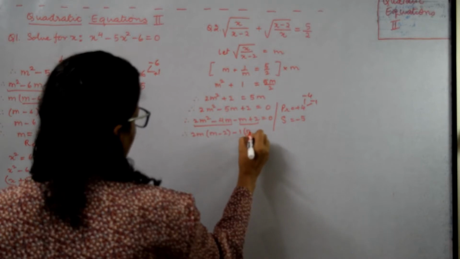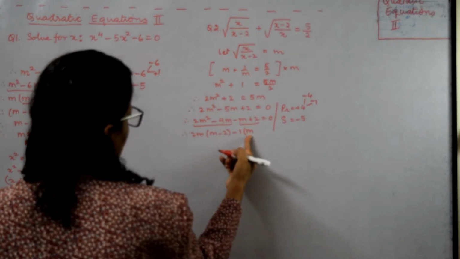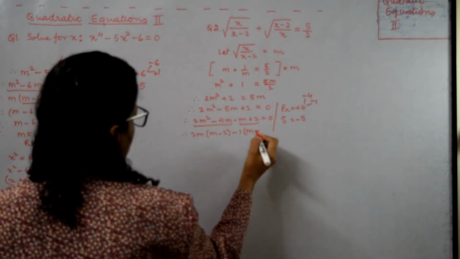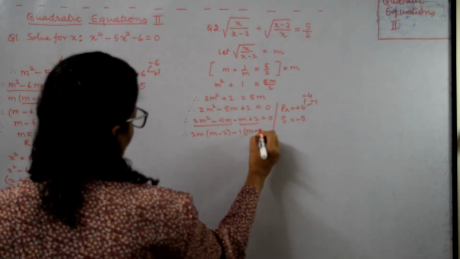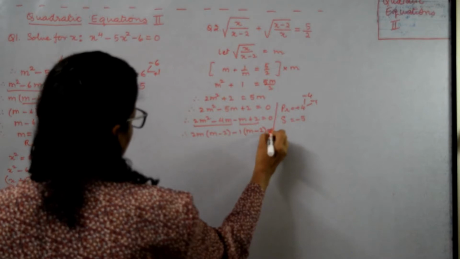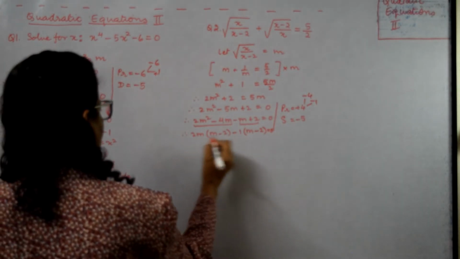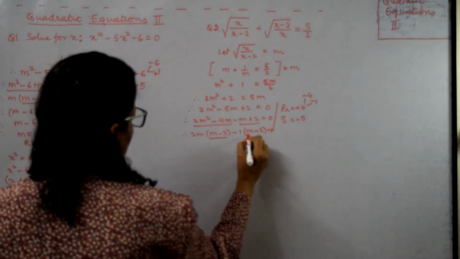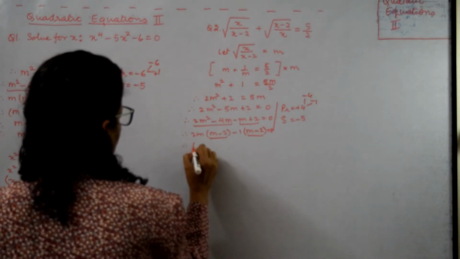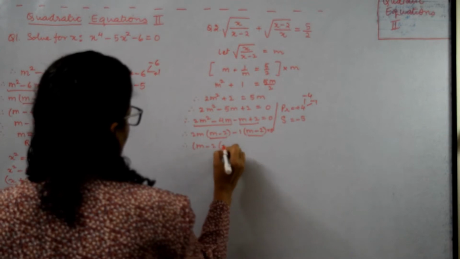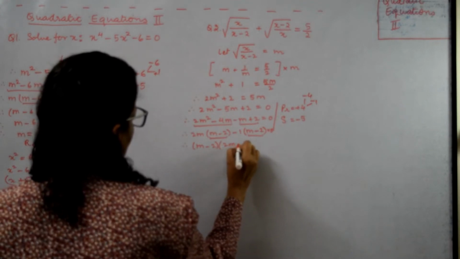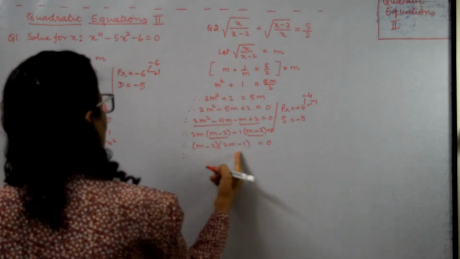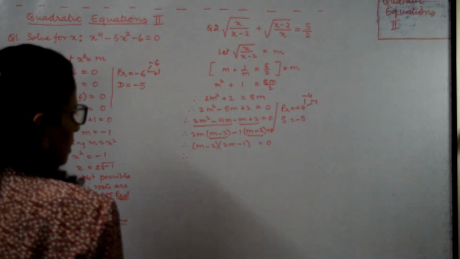So when we write this, m becomes positive inside the bracket, and this plus sign becomes a minus because we have taken minus 1 common, and so we will now have two terms out here, out of which you will see m minus 2 is common, so m minus 2 into 2m minus 1 equal to 0.